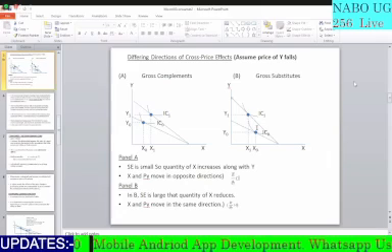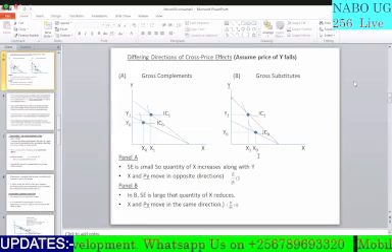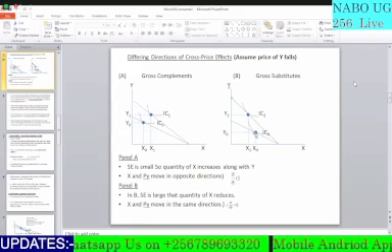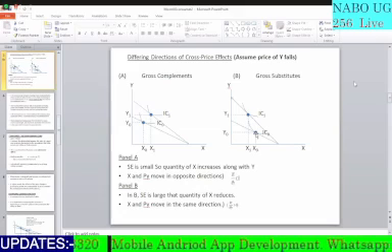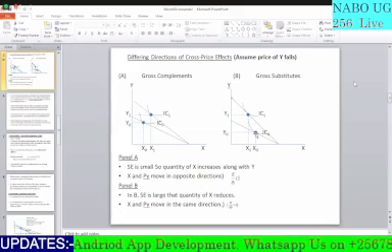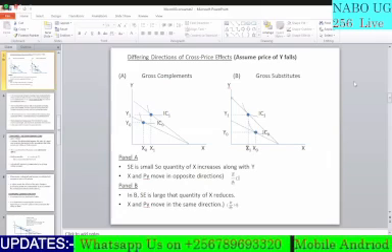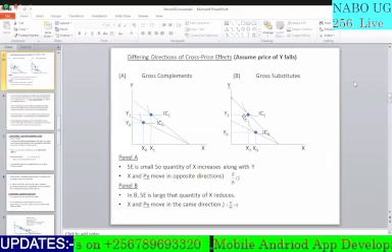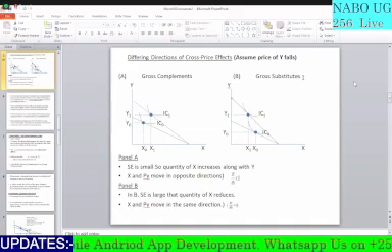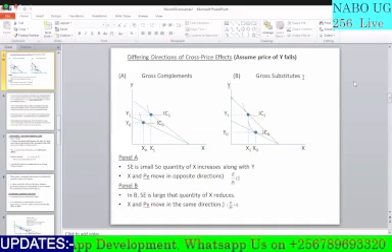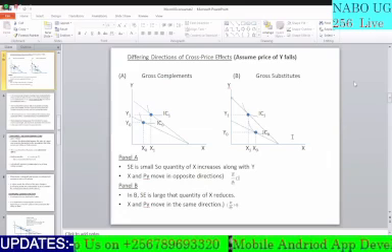But now when you see panel B, you can see that originally the individual is consuming XOYO. And when the price of Y falls, now you see the substitution effect is greater. Because it is greater, it will outweigh the positive income effect, so that eventually we have X reducing, but Y of course is increasing. These are substitutes. And we know that for substitutes, when the price of the substitute falls, there will be a reduction in the quantity.